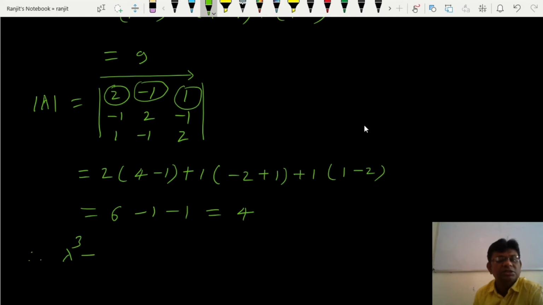Here S1 is 6 times lambda square plus S2, S2 is 9 times lambda minus determinant A, minus 4, is equal to 0.